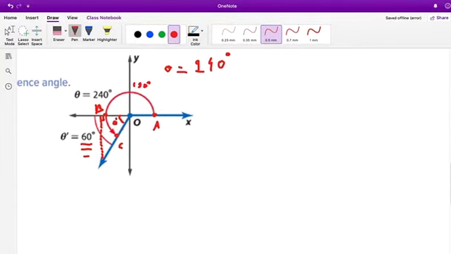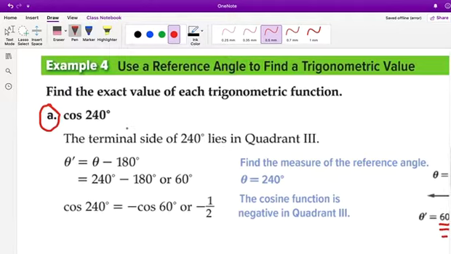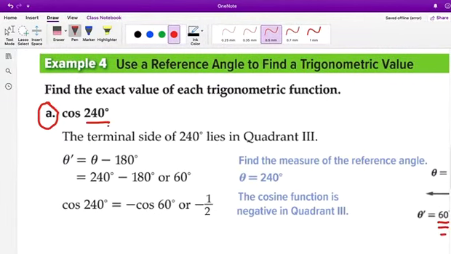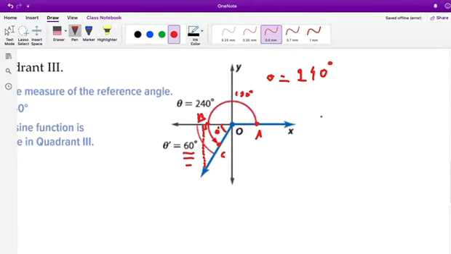Now we want to use the reference angle to find the value of a trigonometric function of a bigger angle. Let's say in this example cosine 240. I want to use the reference angle theta prime, which is 60 degrees, to find the cosine of the main angle, which is 240 degrees.